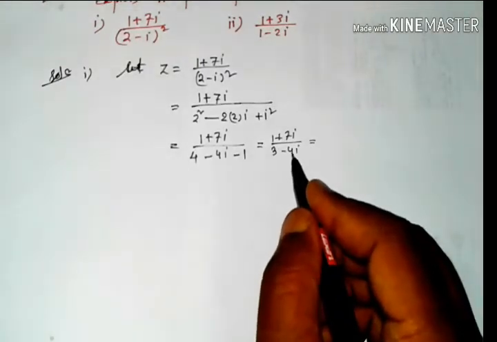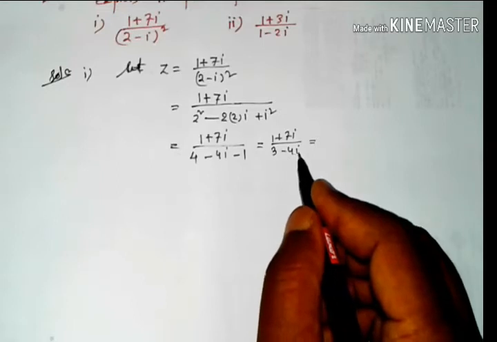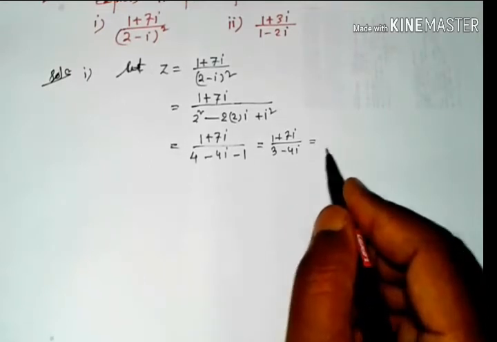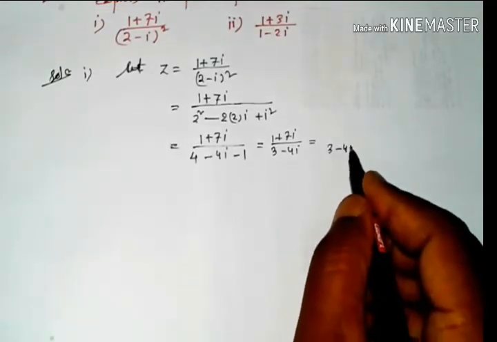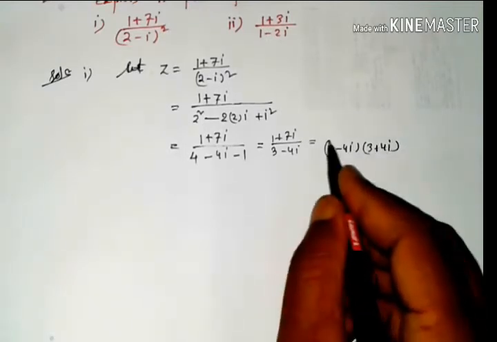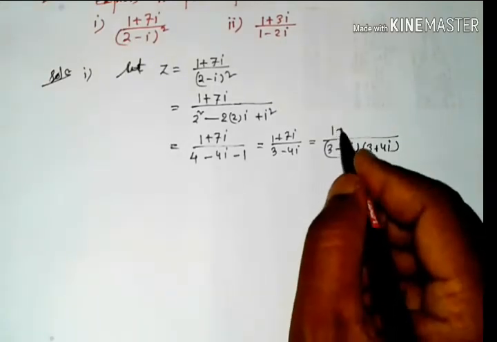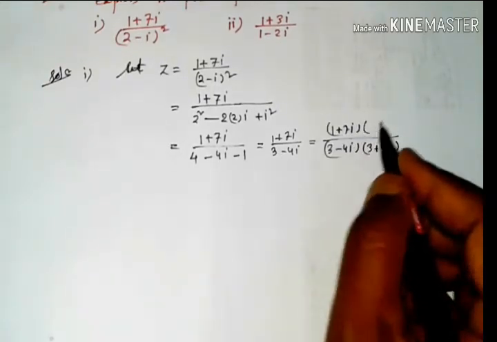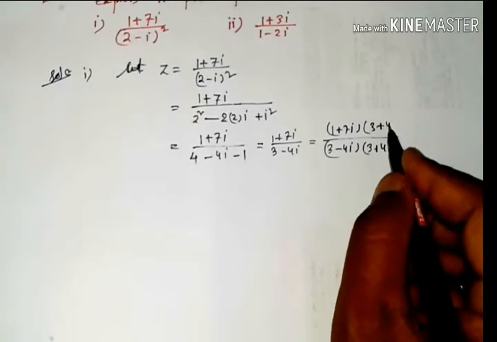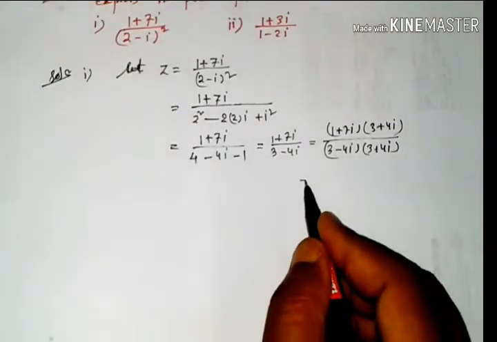Therefore 3 minus 4i, we have to remove i from the denominator. For this, take the conjugate of 3 minus 4i, that is 3 plus 4i, to multiply. 1 plus 7i, here also 3 plus 4i we have to multiply. Now what is this?